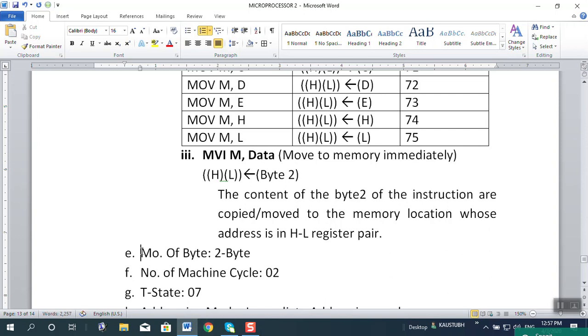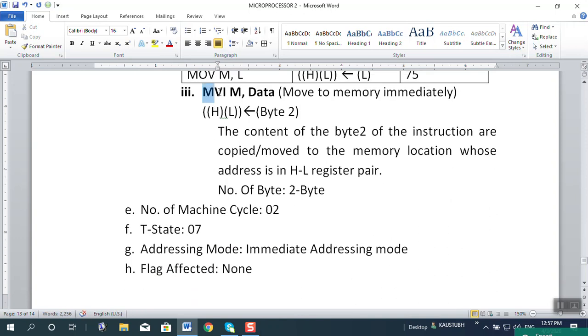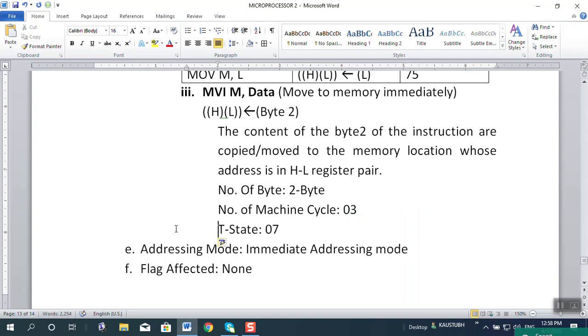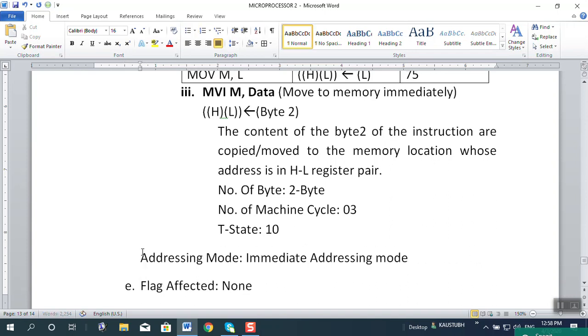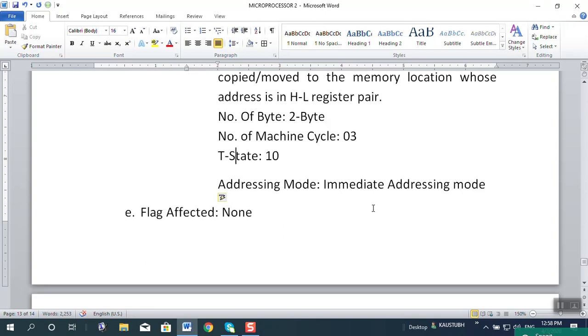So here number of bytes is 2. First byte is for the opcode, second byte is for the data. Number of machine cycles is 3 here, and the T state is therefore 10. Addressing mode here, it follows two types of addressing mode.